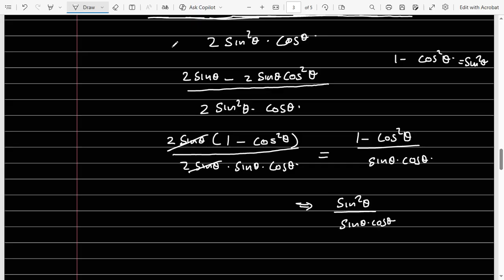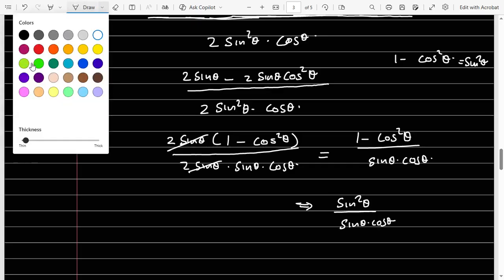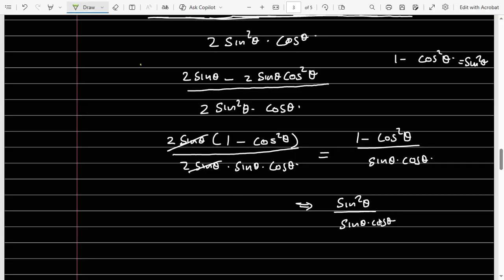So now you know that we can change the sine squared theta and write it as sine theta times sine theta. So that 1 sine theta will cancel with that sine theta. So on top, you're only left with the sine of theta.